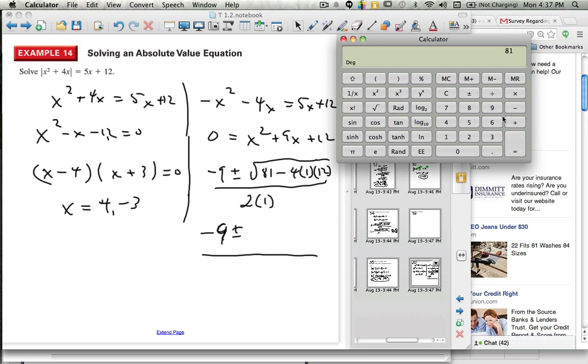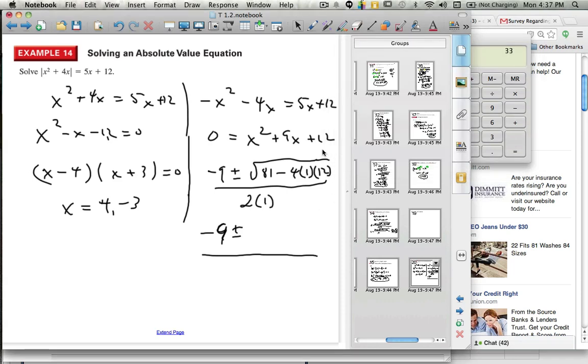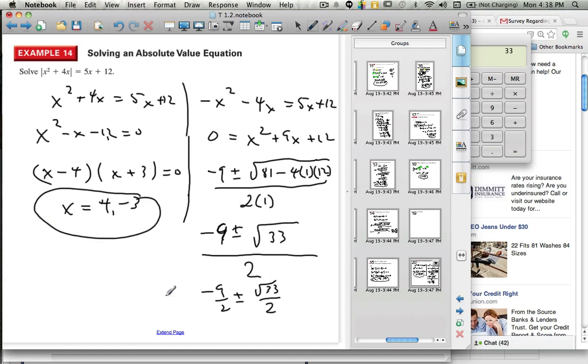Well, 81 minus 48 is equal to 33. All over 2. So when I go through and simplify this, I'll have negative 9 halves plus or minus root 33. That can't be simplified anymore, all over 2. Okay, so I have 1, 2, 3, 4 solutions from my absolute value equation.